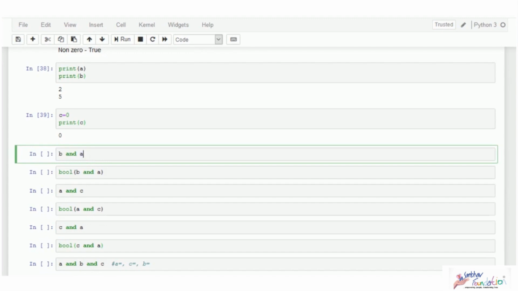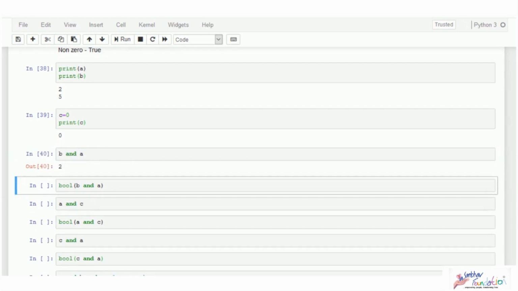So as I said, when both are non-zero and you have an AND operator, the most recent true is output. So in this case, A is the most recent true, so we get the value of A. As a shortcut, you can remember that if both values are true in an AND expression, the result will always be the second number.